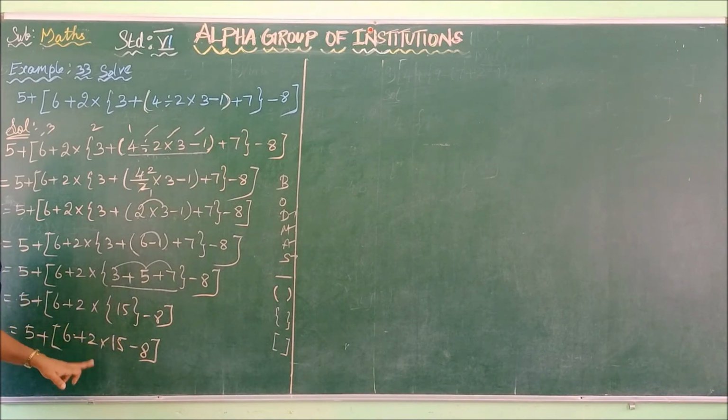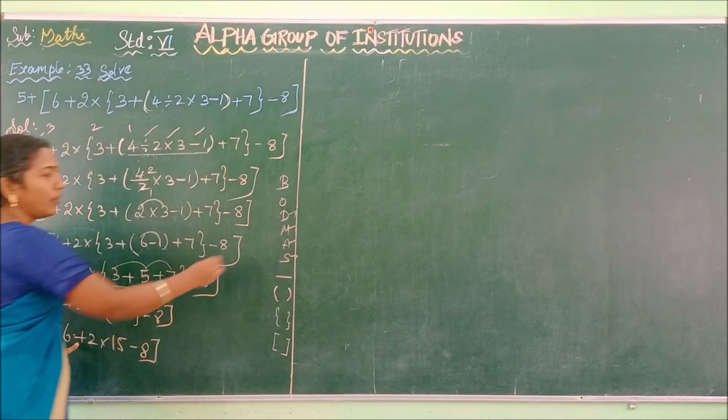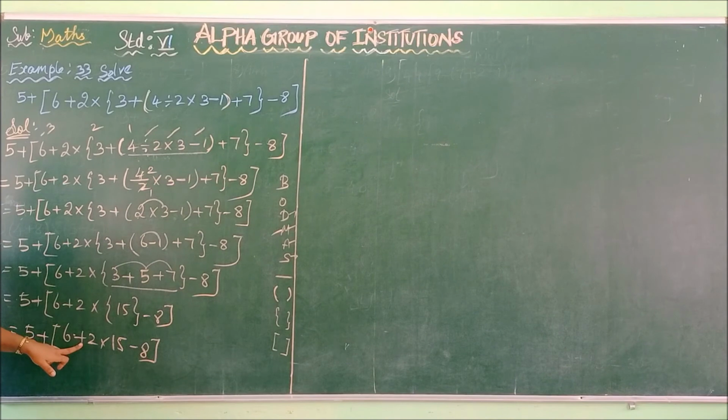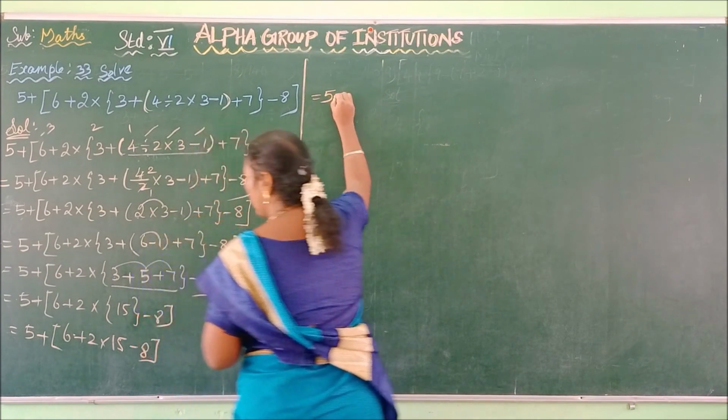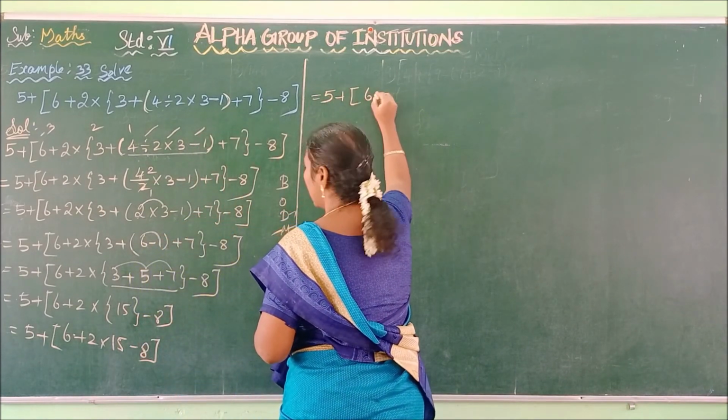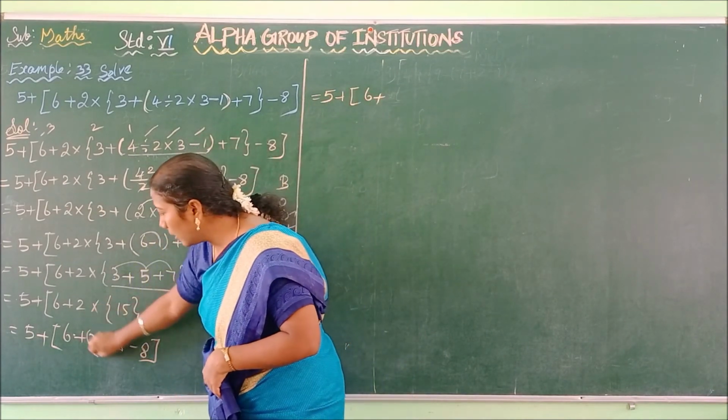We have to follow the BODMAS rule. As per the BODMAS rule, first you have to evaluate multiplication and then addition and then subtraction. So write once again the numbers. 5 plus 6 plus, first you have to evaluate multiplication.